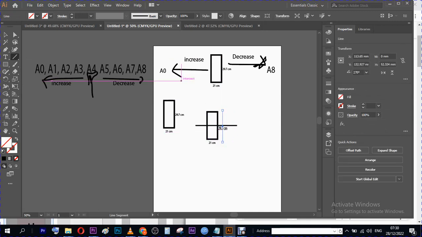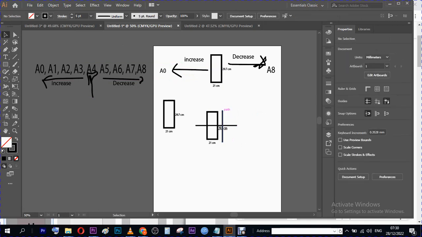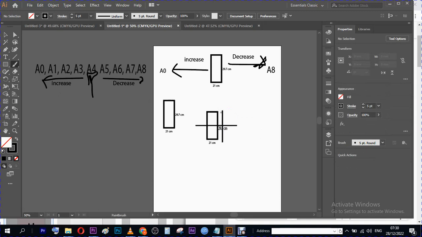So if I increase it here, this is the height from here to here.